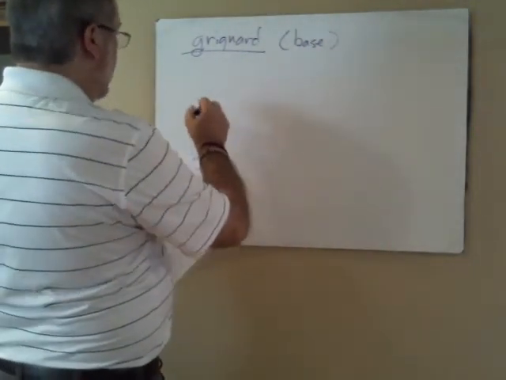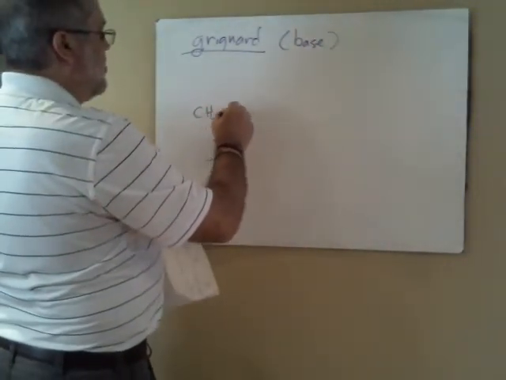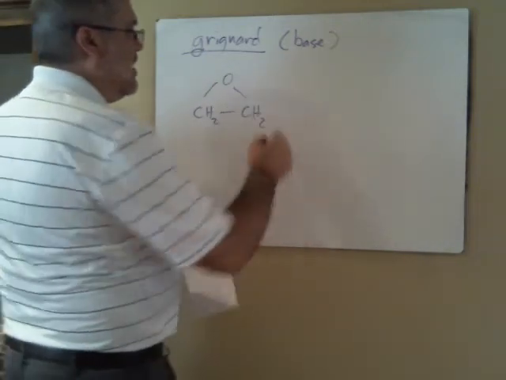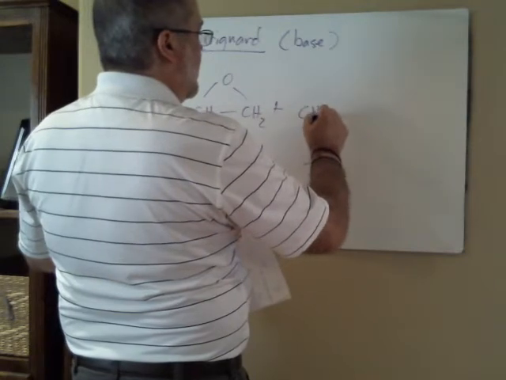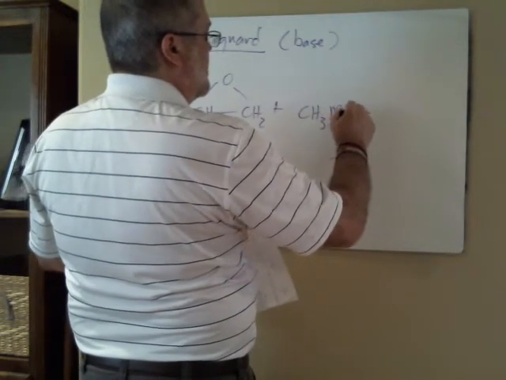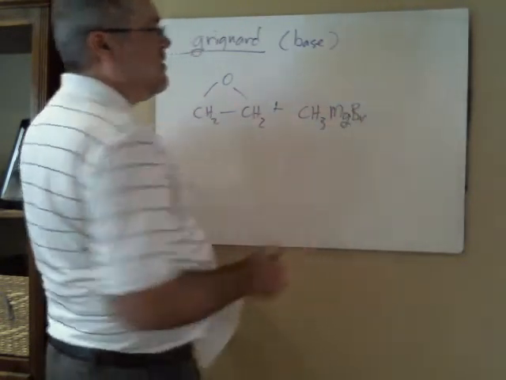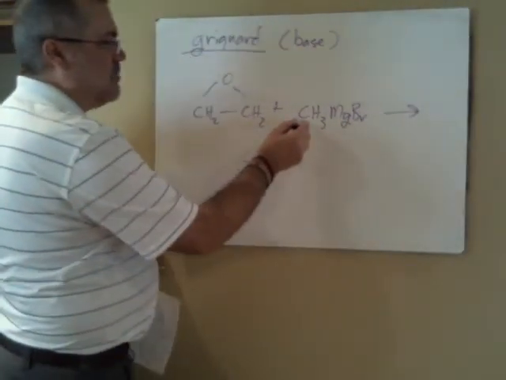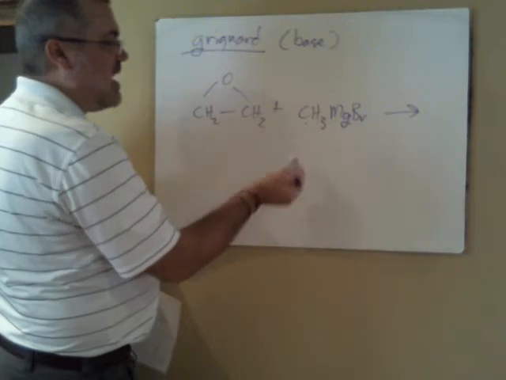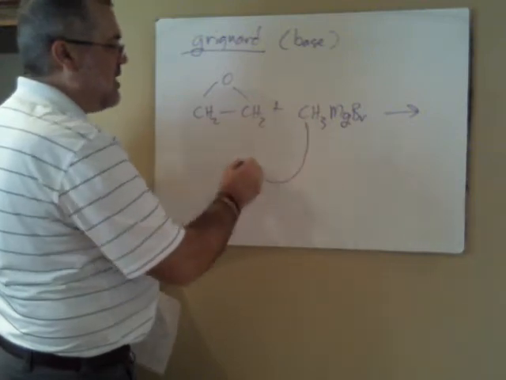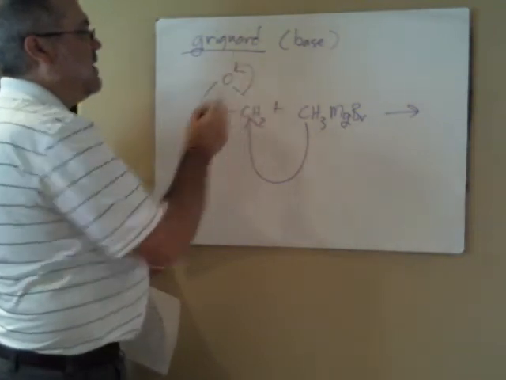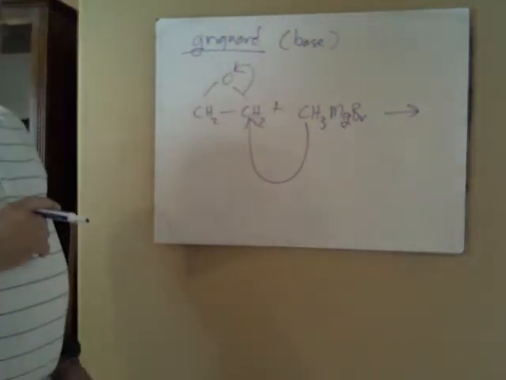So again, let's look at a simple epoxide like ethylene oxide, and we're going to react it with a Grignard. Let's just use a simple methyl Grignard, and what's going to happen here is, again, this reacts as an R minus. So this is a nucleophile, reacts with the electrophilic carbon of the epoxide, breaks open the bond.